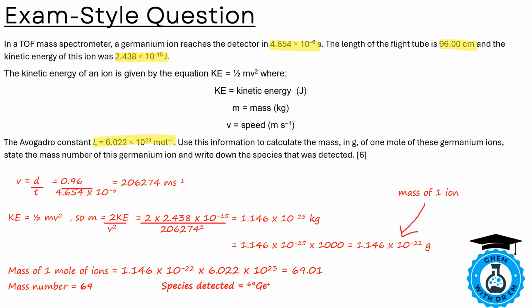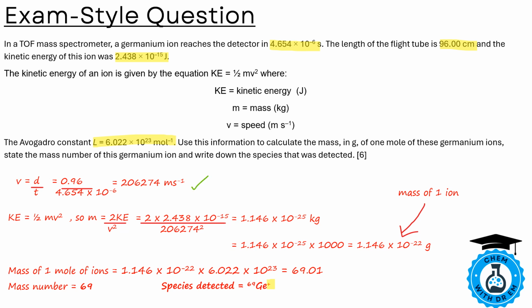And my species detected is 69 germanium plus ion. Remember, it says species, that could be an atom, a molecule, a compound, or an ion. And remember, the thing that hits the detector is actually the positive ion. So we need that little plus bit on the end of our 69 germanium to get the mark here.